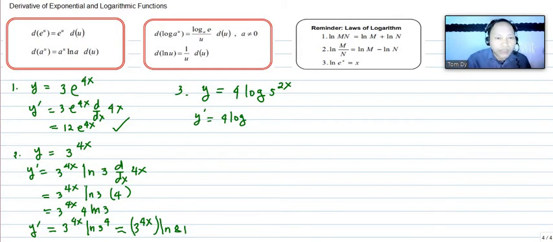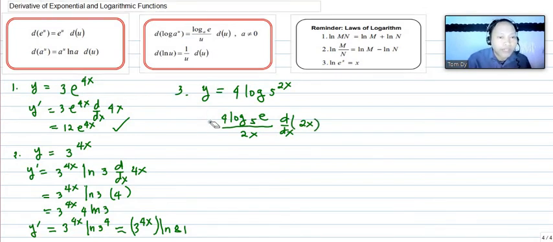So logarithm of e, you write it here, and then the base of a, our base here is 5, divided by u. Our u here is the exponent, that is 2x. And then times the derivative of u, the derivative of 2x.